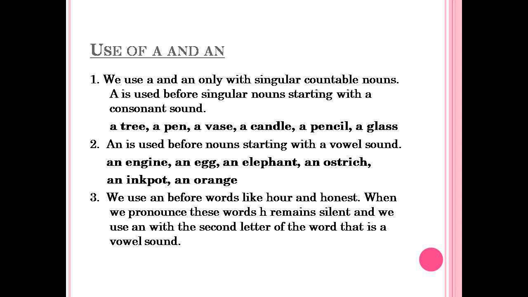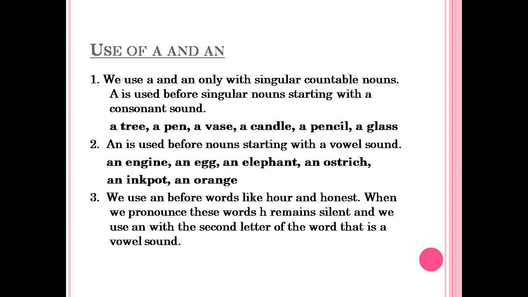For example, an engine, an egg, an elephant, an ostrich, an inkpot, and an orange. An is used before a singular noun which is beginning with a vowel sound. Vowel sounds are usually beginning with a, e, i, o, u vowels, but not always.